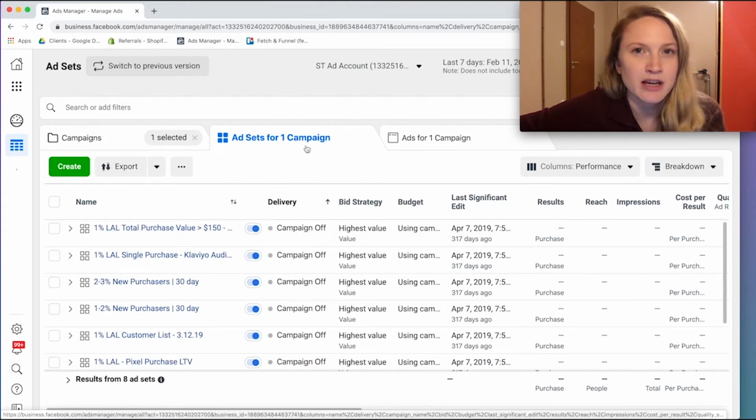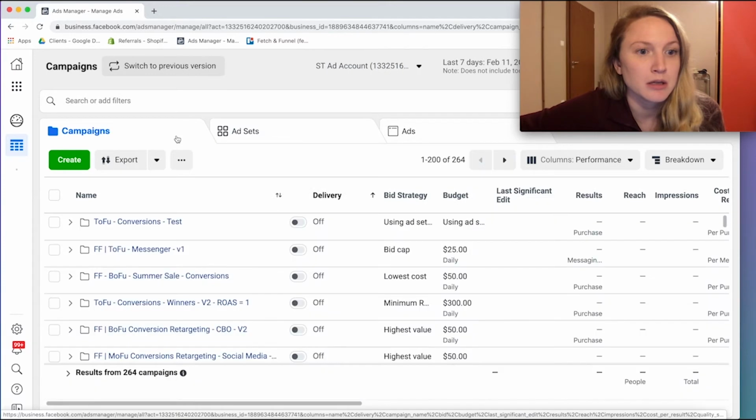Everything beyond that, I've found it's a little bit too much for the algorithm to handle. And I tend to get much better results if I'm keeping my ad sets even more around the 5 ad set arena. So it is just another thing to consider.